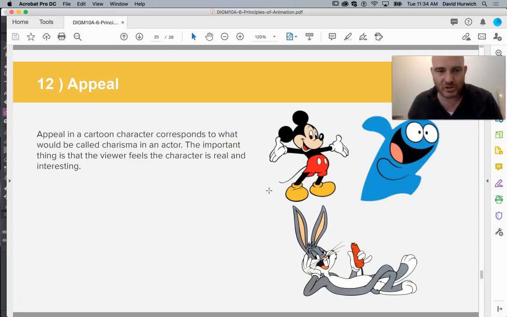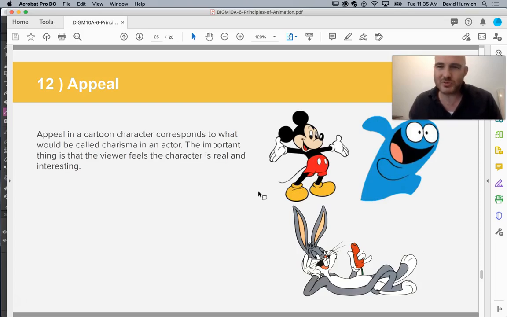We want a character that, whether it's the colors or the facial expressions or how the character talks or how they're drawn, appeals to people in the same way that certain actors and actresses appeal to general audiences, whether it's the way they're styled or the way they talk, or something interesting or unique about them that makes people go, oh, I like that person, or that person is interesting in some way, shape, or form.